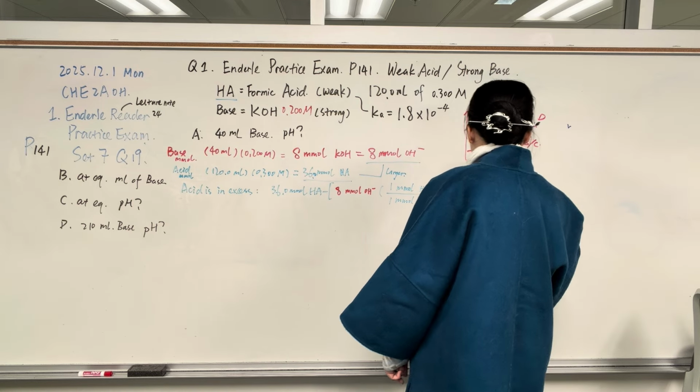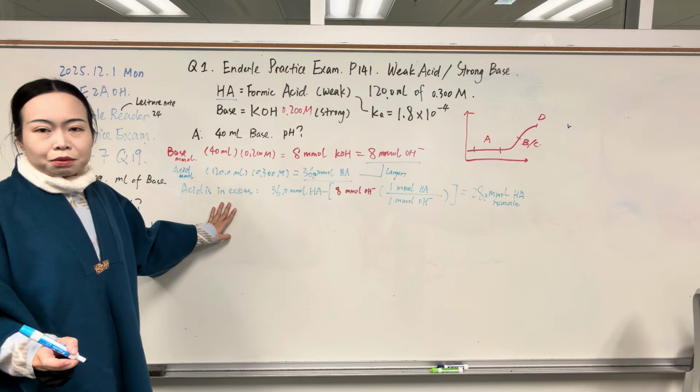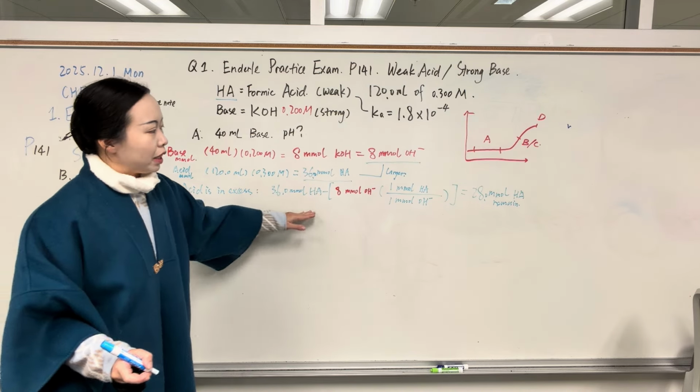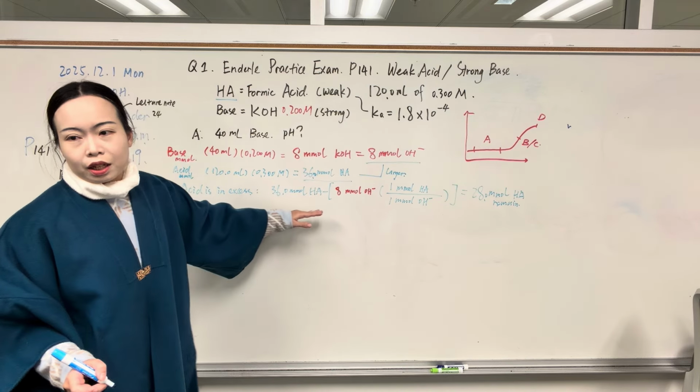So I just use whatever you were referring to. In my class, I write this like an ICE table, but now I'm writing this without an ICE table. It can be written like before reaction, after.